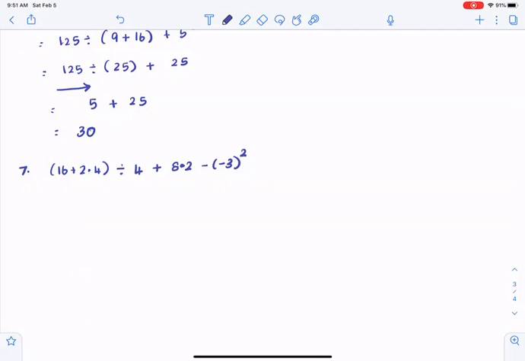So we go from left to right, but we take care of the parentheses items first. So the term that we start with should be the first one, left to right, 2 times 4, 8. Left to right, 8 times 2, 16. And the parentheses -3 squared.